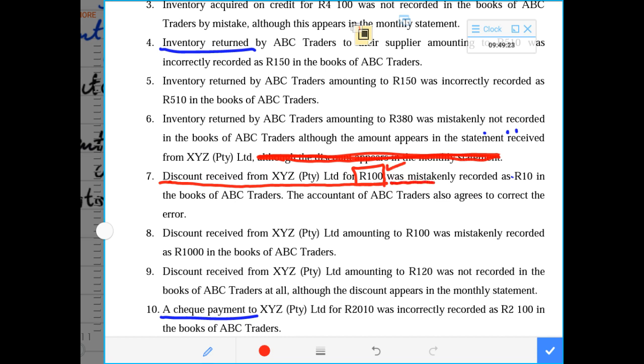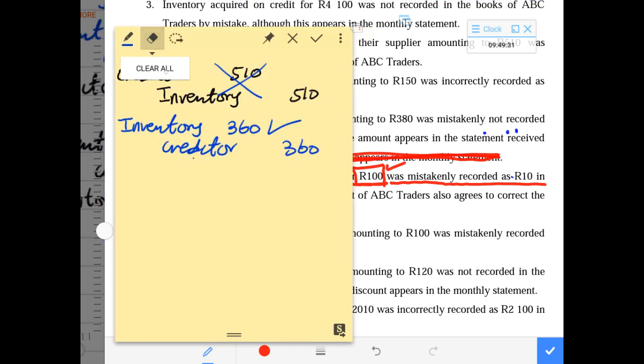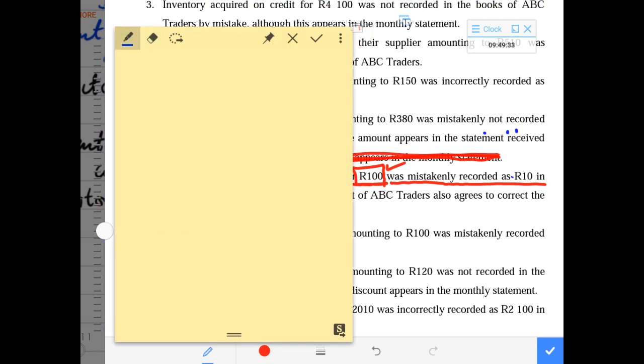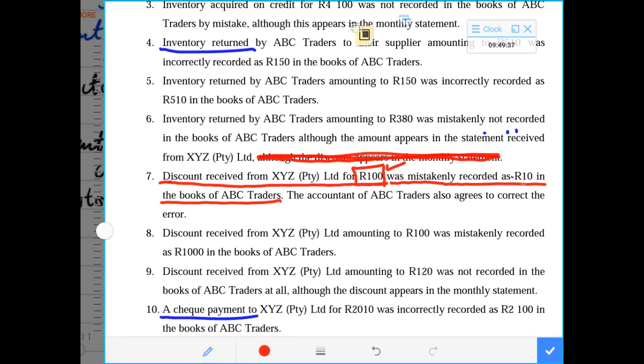It was mistakenly recorded as 10 rand in the books of ABC traders. The accountant also agreed to correct the entry. Now we can identify that the amount recorded is underestimated. It's less than the amount it was supposed to be, which is 100 rand. We only recorded 10 rand.